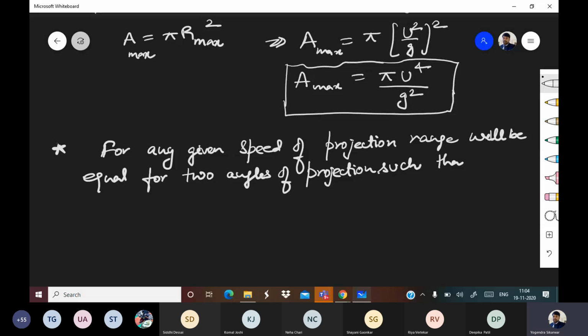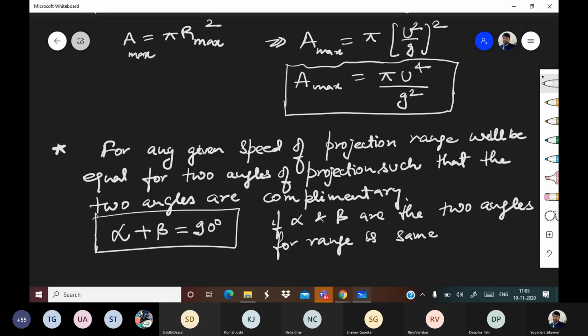So basically what does it mean? That means if you are projecting a projectile with angle 30 degree, then your range will also be equal for angle 60 degree. If you maintain the speed constant, the range at 30 will be equal to range at 60.